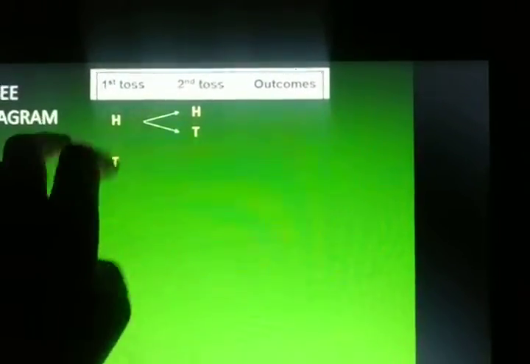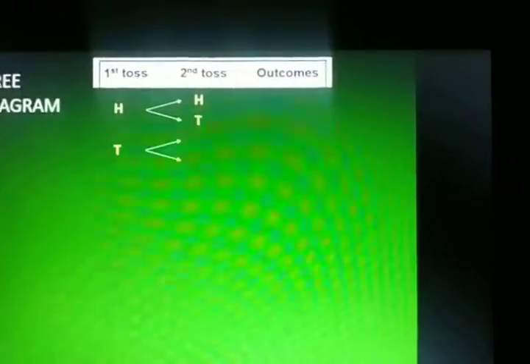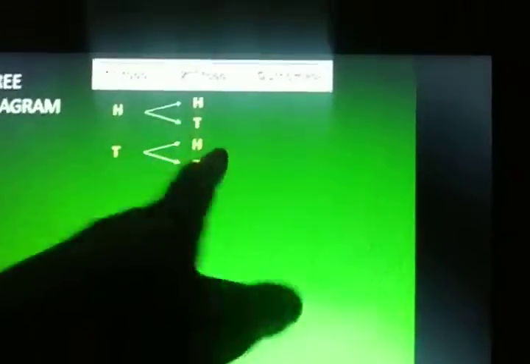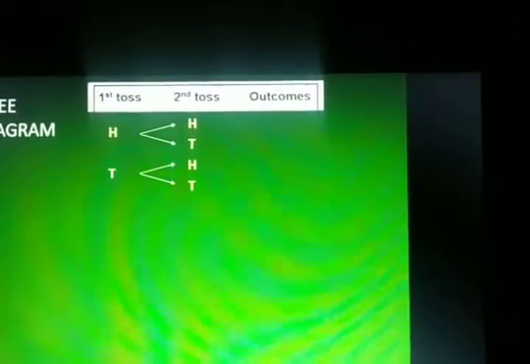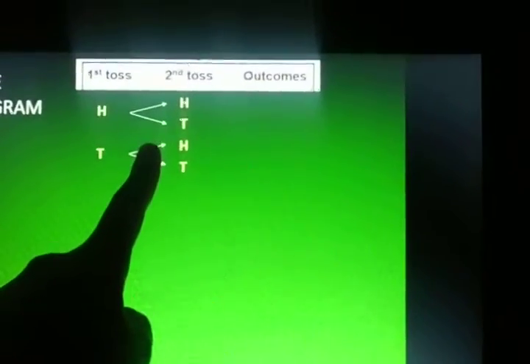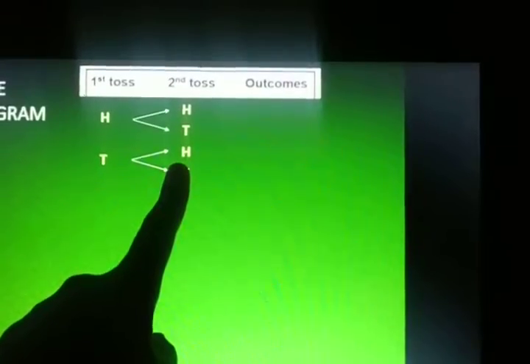Okay. On your second toss, it can be head and tail. Then, pair them, head and tail. There. So, copy it. These arrows are the relationships that you can pair.